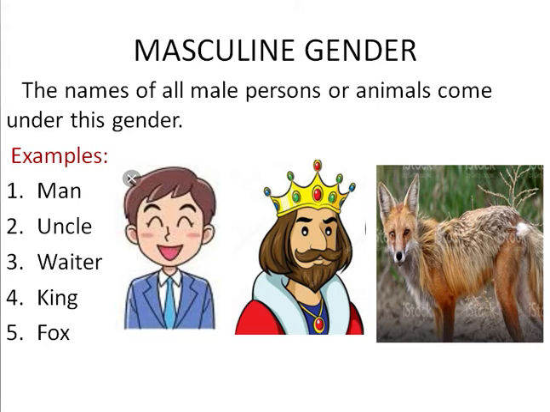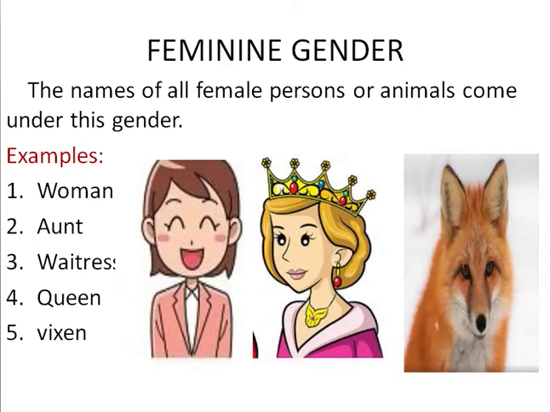So the first 4 are male persons and the last one is a male animal. Let's move on to the next. Feminine gender. The names of all female persons or animals come under this gender. Look at these examples: woman, aunt, waitress, queen, vixen, etc. The first 4 are female persons and vixen is a female fox.